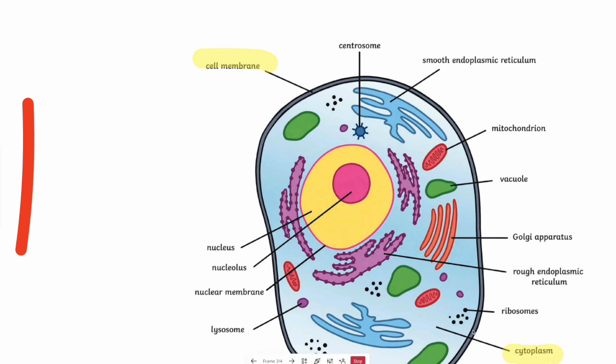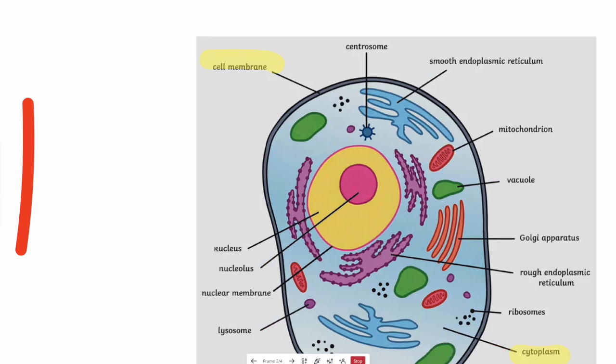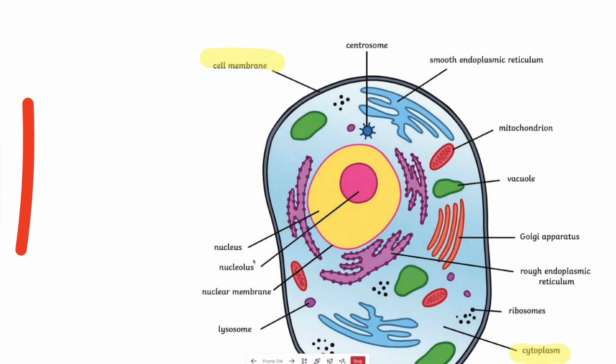Cytoplasm is like this gooey liquidy stuff inside the cell. And then over here you have the nucleus. The nucleus is basically like the mastermind, the central control of the cell, where you have all your genetic information, DNA. They're all in the nucleus.